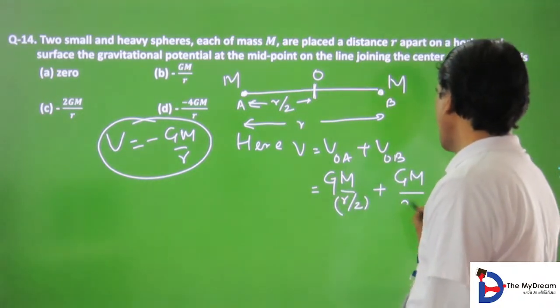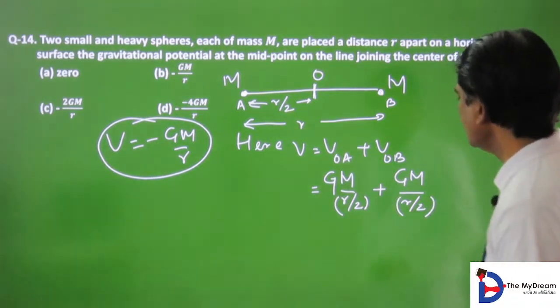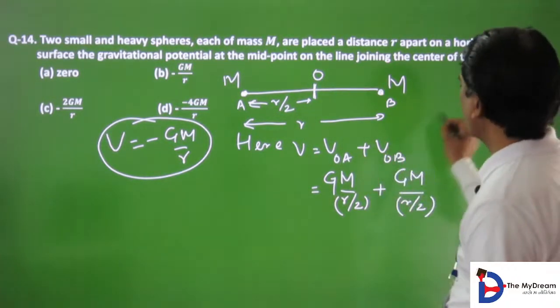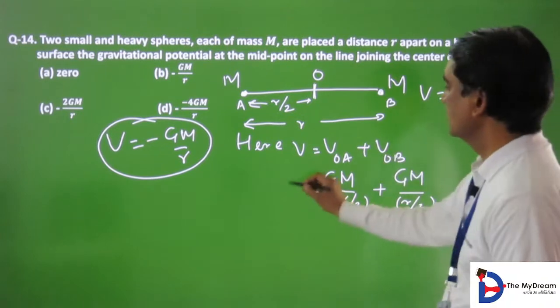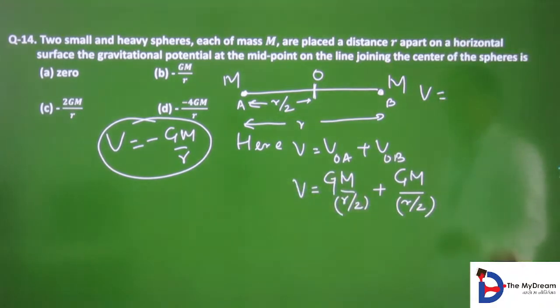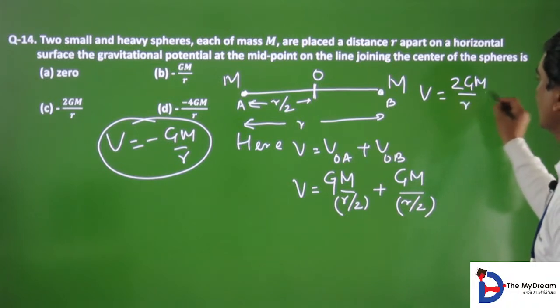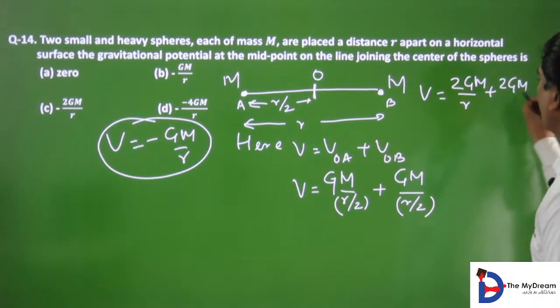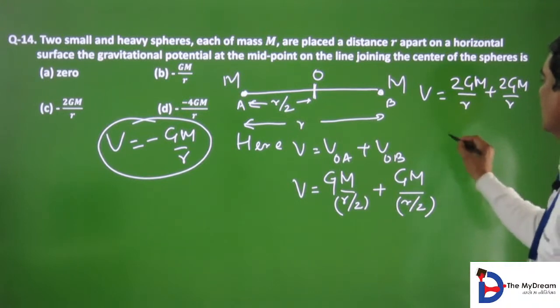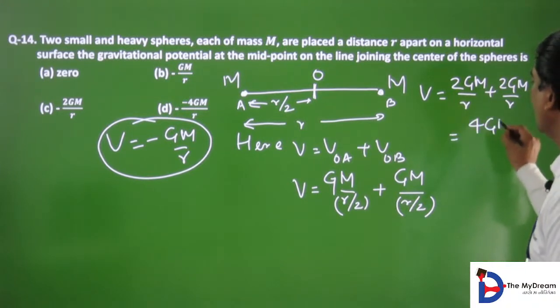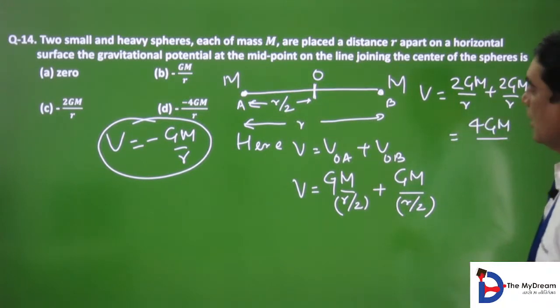GM upon r by 2, so it will become twice of GM by r, twice of GM by r, it will become 4 GM by r.